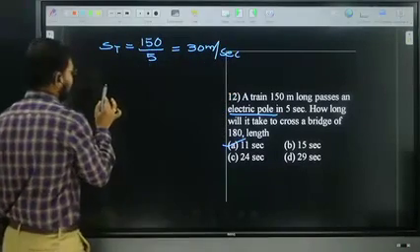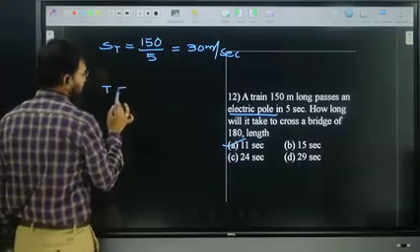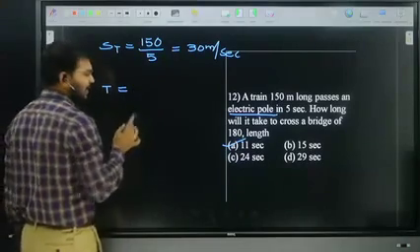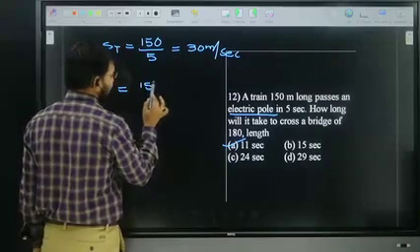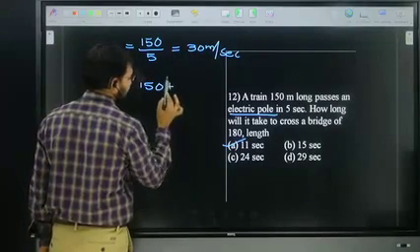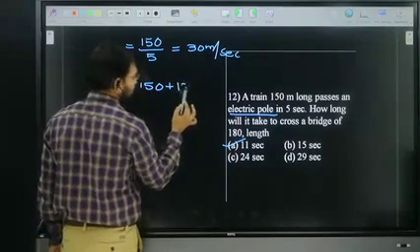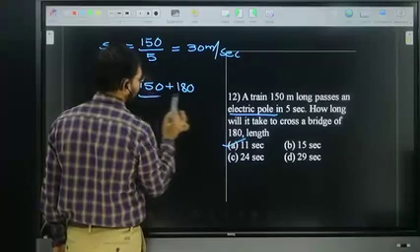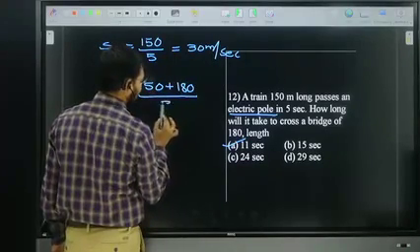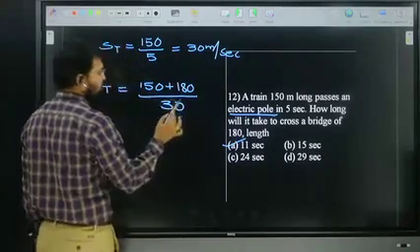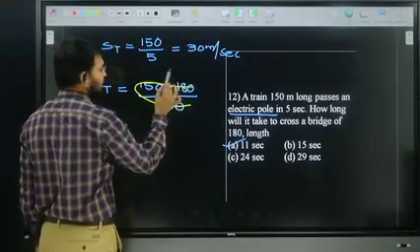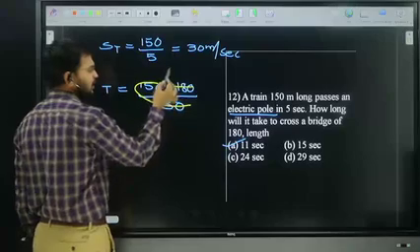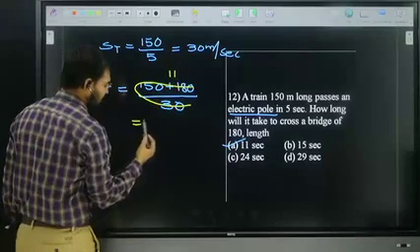So they're asking time. Whenever a train is crossing a bridge, time is equal to length of the train plus length of the bridge by speed of the train. 150 plus 180 by 30. Speed of the train is what? 30. 330 by 30, 11. So your answer is what?